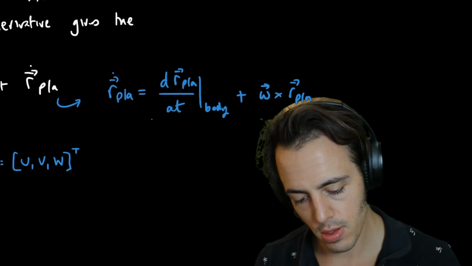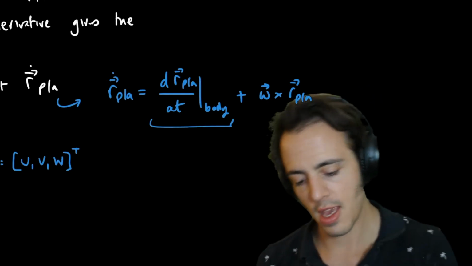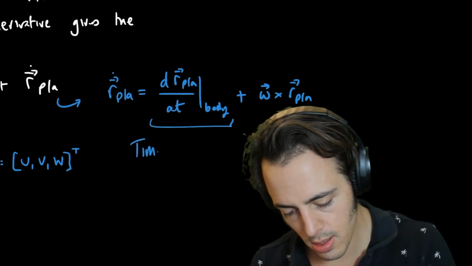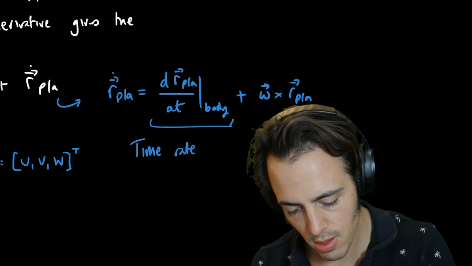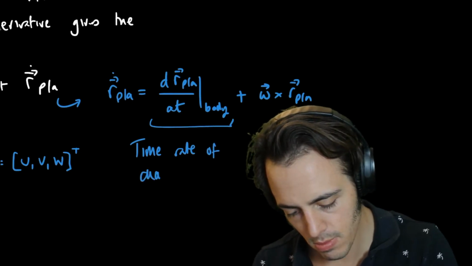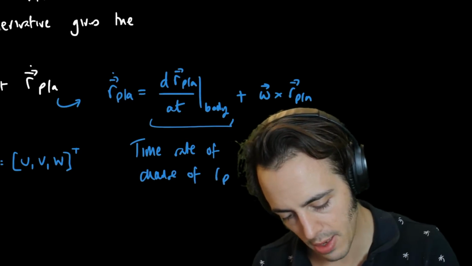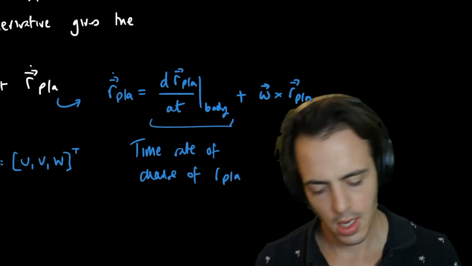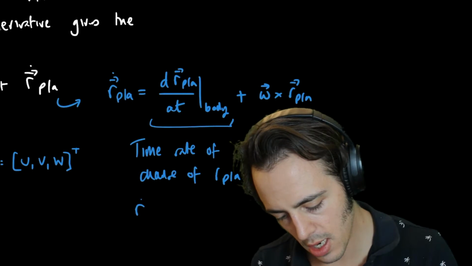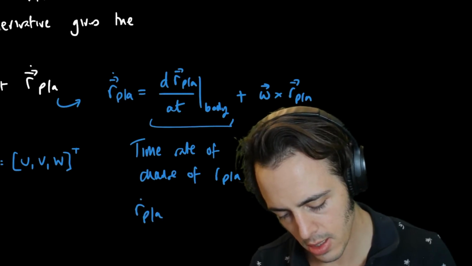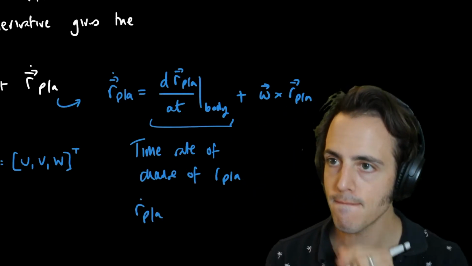So here, this is the time rate of change of P on A. And let's just call this for the moment R dot P on A. Okay?